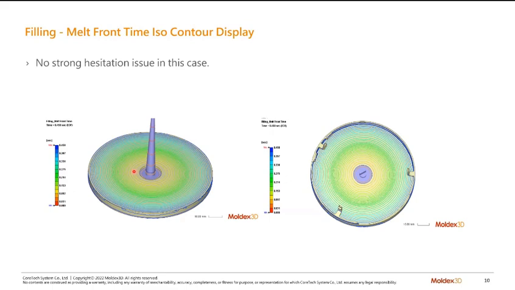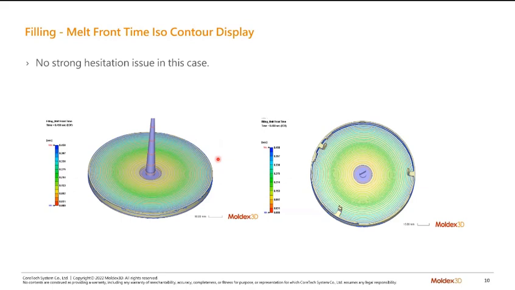The distance between each line means the same time increment, so if any lines get closer, it means there's a hesitation issue. But you can see the distance between each line is quite equal, so it doesn't have a strong hesitation issue in this case.